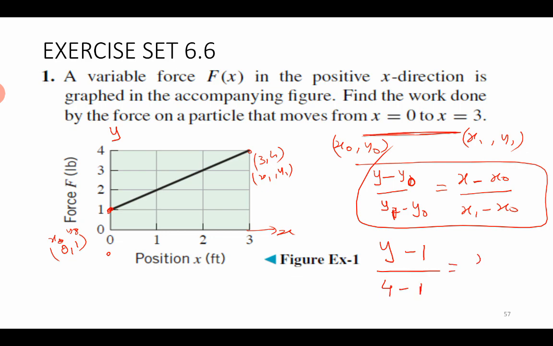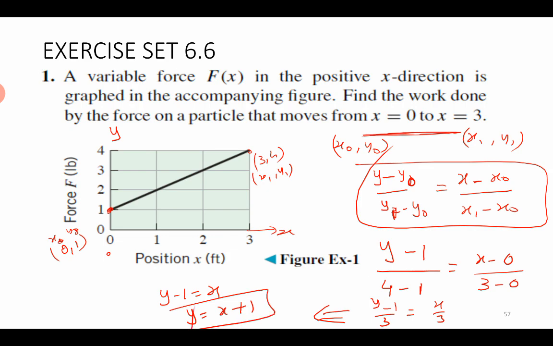On the right side, x minus x0, which is 0, divided by 3 minus 0. What you get is y minus 1 over 3 is equal to x over 3. So this gives y minus 1 is equal to x, y is equal to x plus 1. This is the equation of this line.